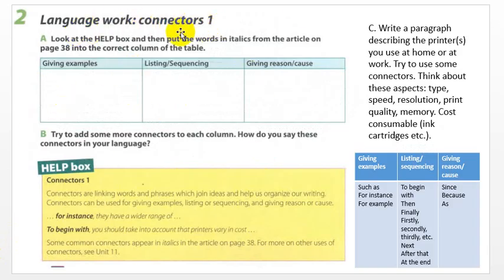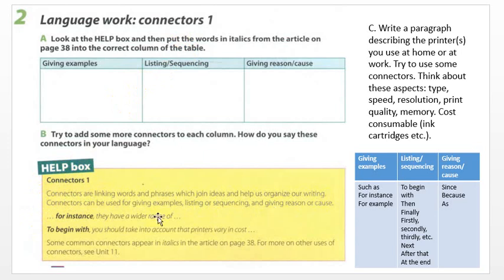Language: word connectors 1. Look at the help box and then put the words in italic from the article on page 38 into the correct column of the table. At first, see what is a connector. Connectors are linking words and phrases which join ideas and help us organize our writing.